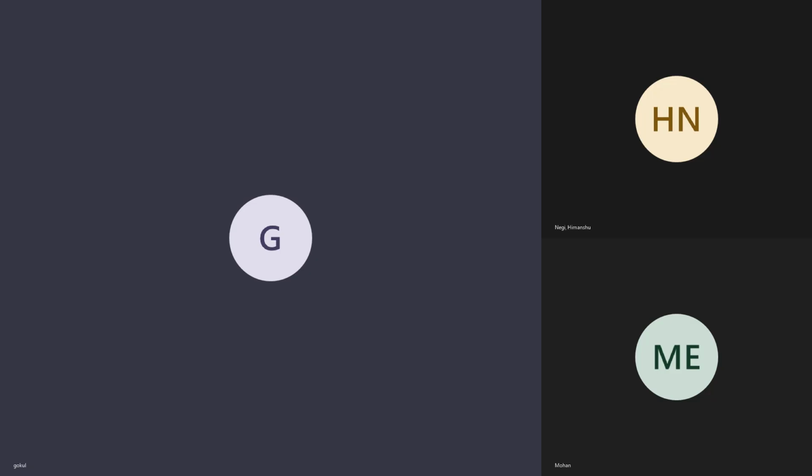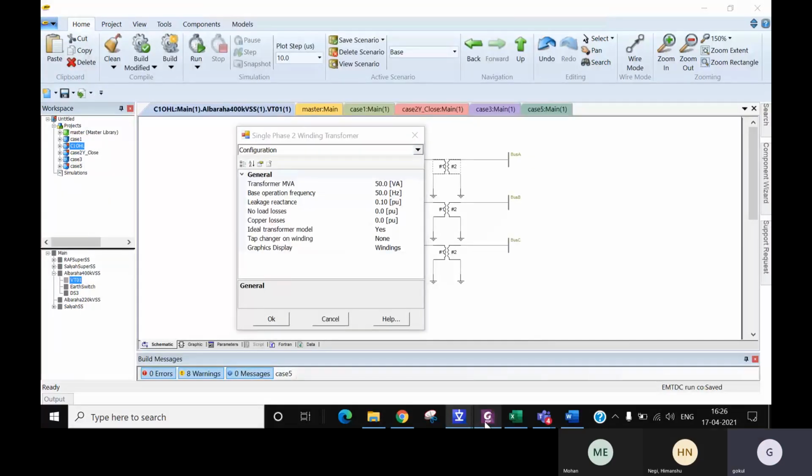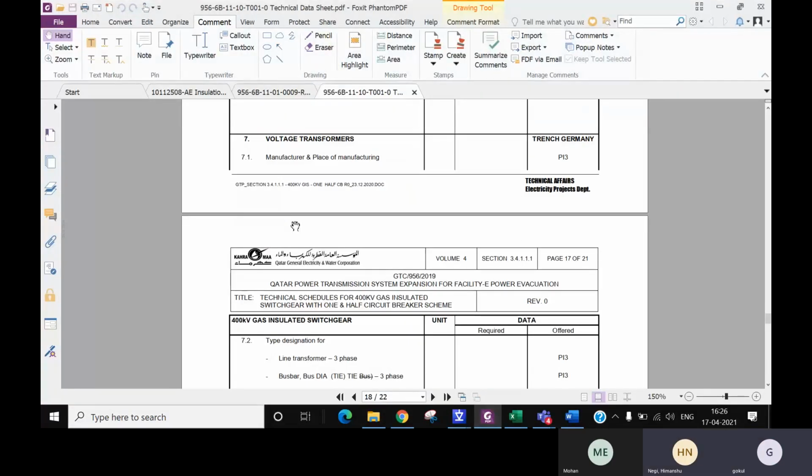I'm taking the VT, searching for it. Voltage transformer. Can you see my screen, Himanshu? Yes, yes, I can see it.